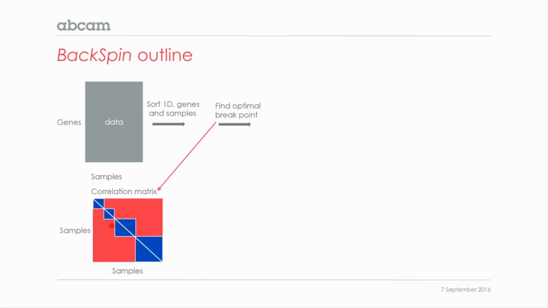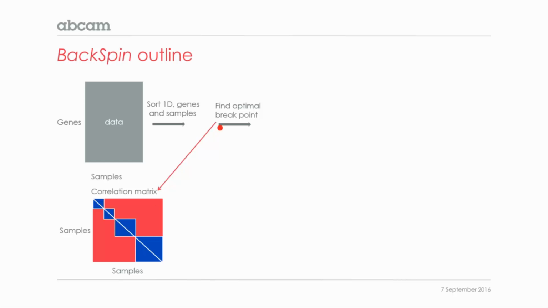After we sort the correlation matrix, it usually has some structure, like is illustrated here. I'm just illustrating the correlation matrix of, for example, cells by cells. Usually, if you look at those, the blue squares represent clusters of cells.